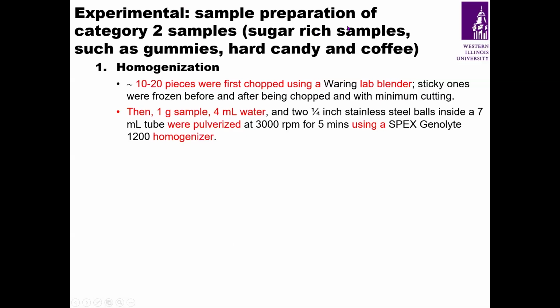Now, sample preparation of the category 2 samples, they are sugar-rich samples, such as gummies, hard candy, and coffee. For homogenization, 10 to 20 pieces were first chopped using a lab blender, some details over here. Then 1 gram sample and 4 milliliter water were pulverized using a homogenizer.